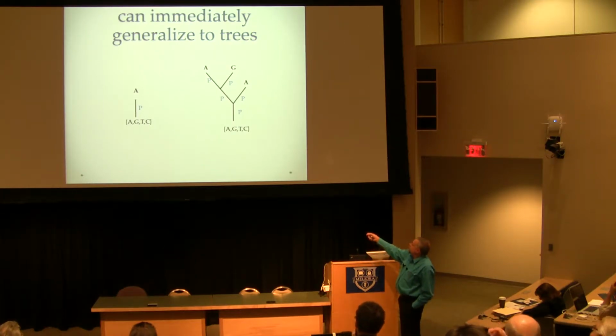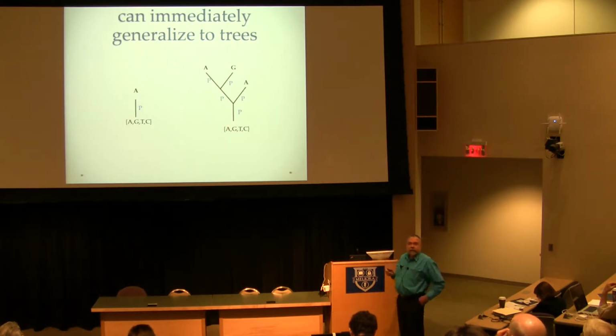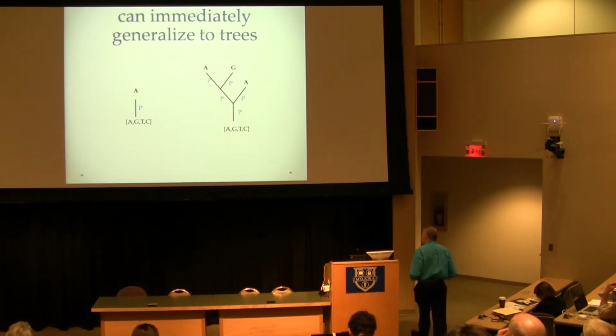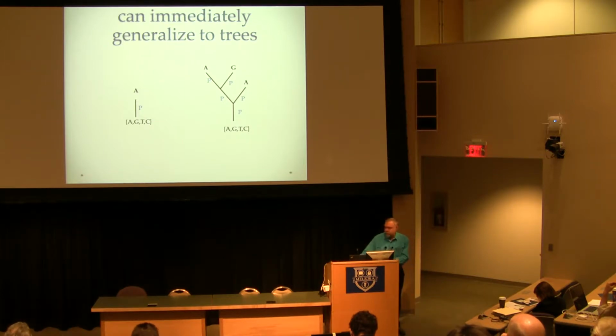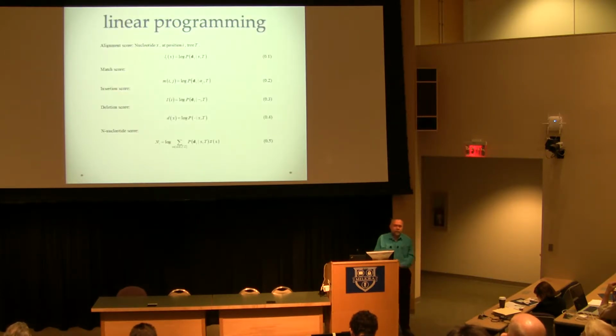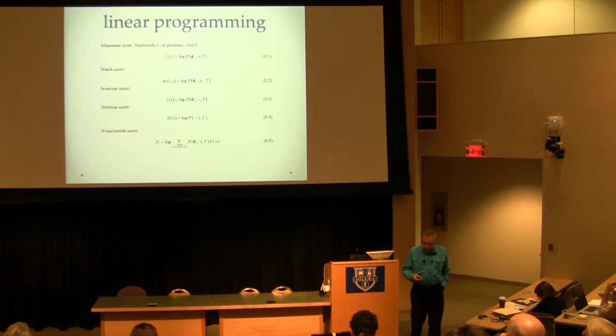Similarly here, I've observed A, G, A, and I hypothesize that this is the appropriate tree, and I can ask what is the likelihood for A, G, T, or C at the ancestral state here. And it's the ability to do this with clones that is so important.